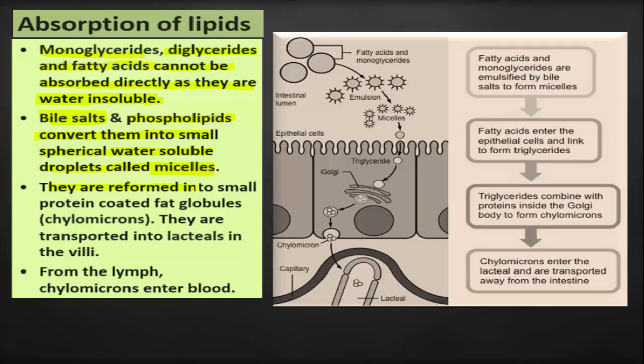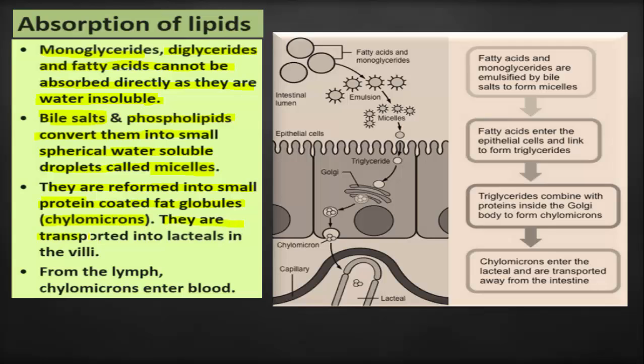They are reformed into small protein coated fat globules called chylomicrons. Try to remember this term. Once the micelles are formed, they are coated with protein. That protein coated fat globule is called a chylomicron.